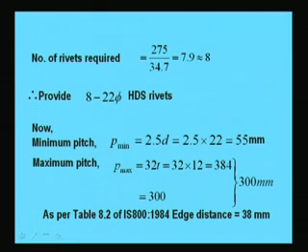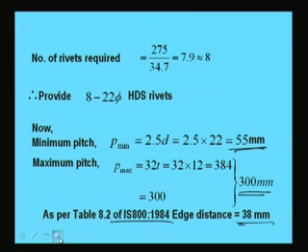So, from these two criteria, the minimum pitch we can provide is 55 and the maximum pitch is 300; in between we can provide. Now, as per table 8.2 of IS 800/1984, the edge distance for this case will be 38 mm.